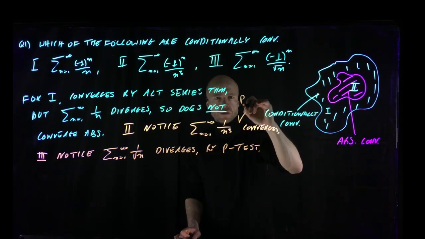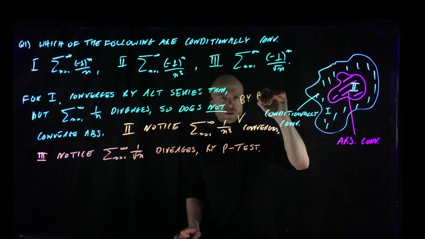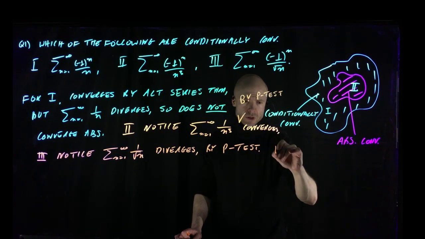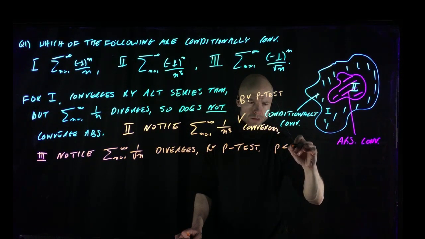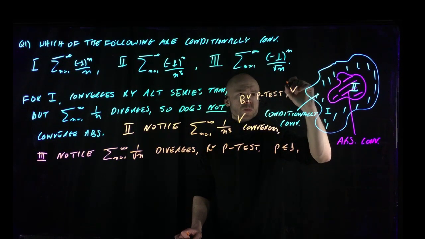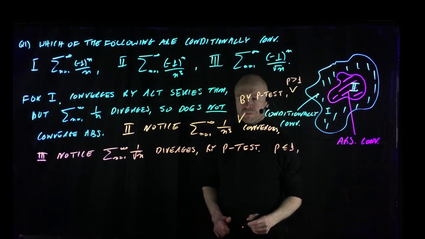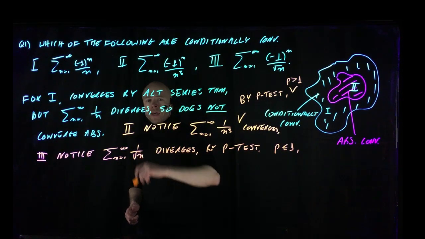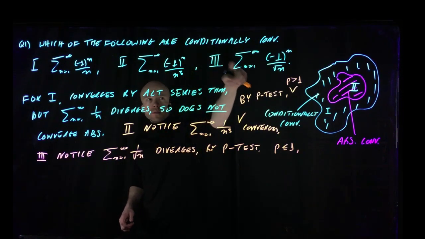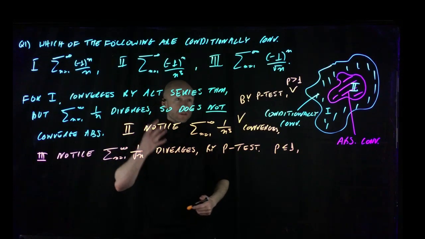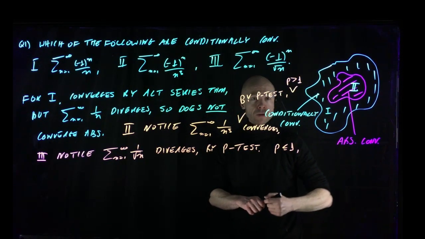Here p is less than or equal to 1, whereas before p was bigger than 1. So this guy does indeed converge in this form, but when we take the absolute value of the terms, it diverges, so it's conditionally convergent.